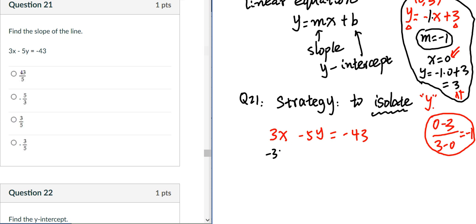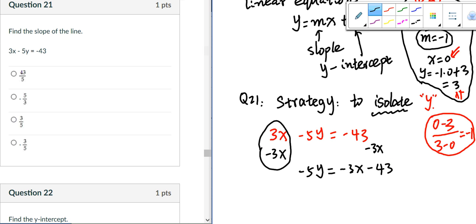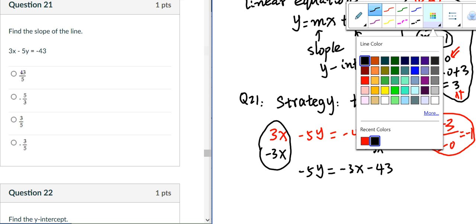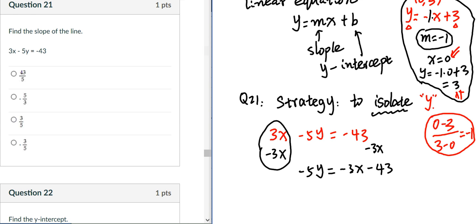That's easy. Subtract 3x from both sides. You will cancel this one. The left-hand side stands alone, negative 5y. The right-hand side comes up negative 3x minus 43. Okay, y still does not stand alone yet. Keep working on that.